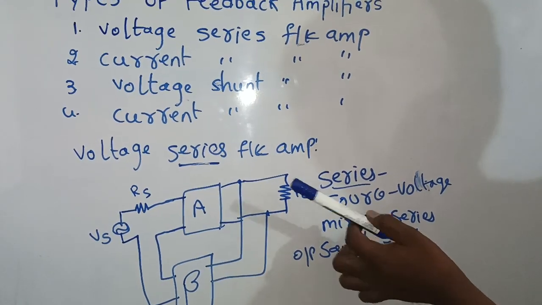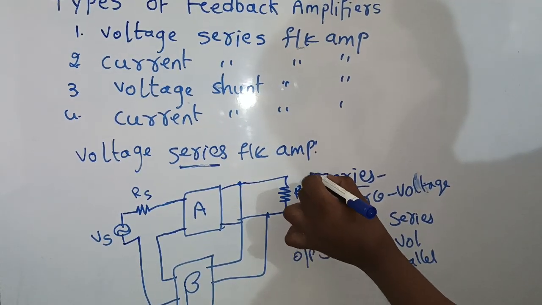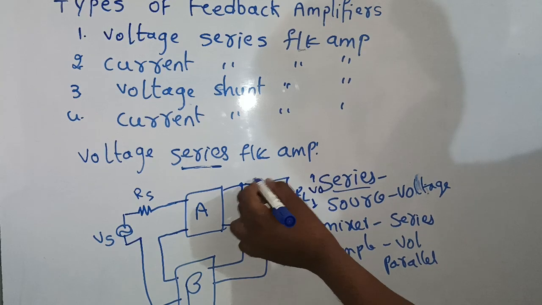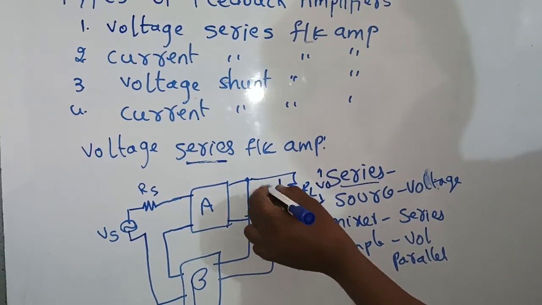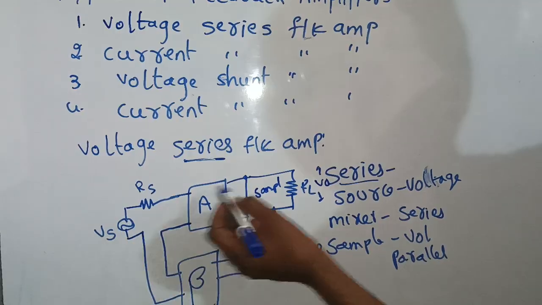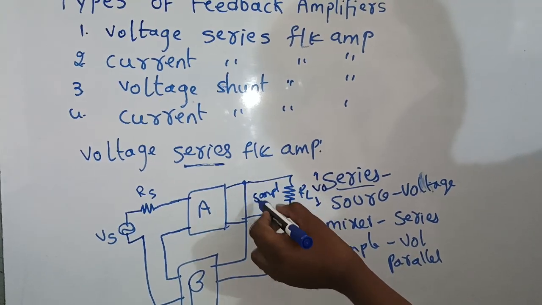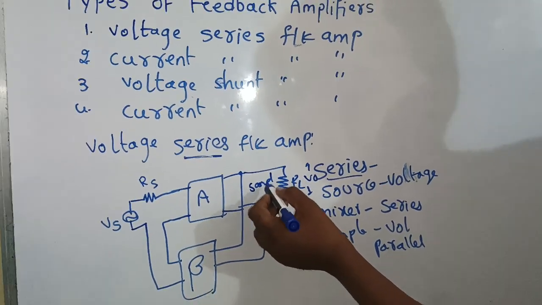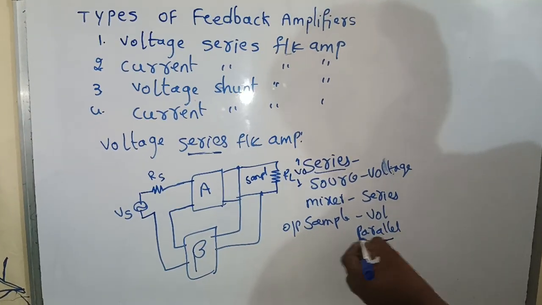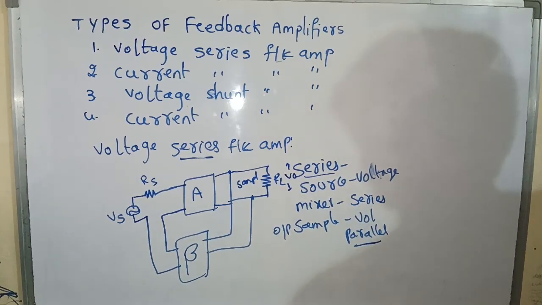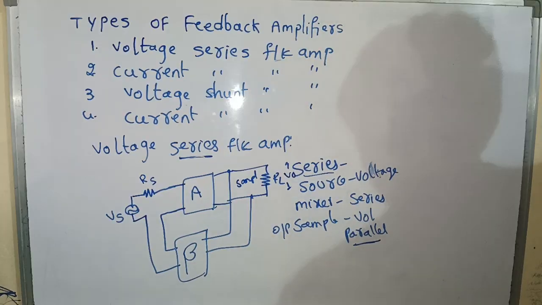Similarly, the output is taken across the load, that is V naught. At the output side we have a sample. The sample is voltage, because the input is voltage and the sample is output voltage. Here the output sample is in parallel. For voltage, the sample is in parallel connection. This is the voltage series feedback amplifier.